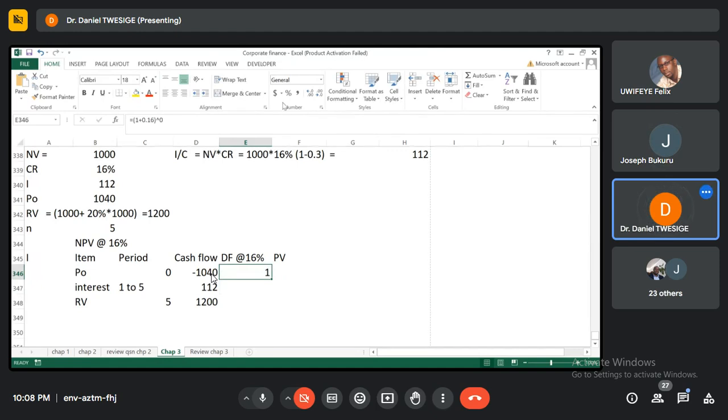I copy it down, but here I change to power minus 5.